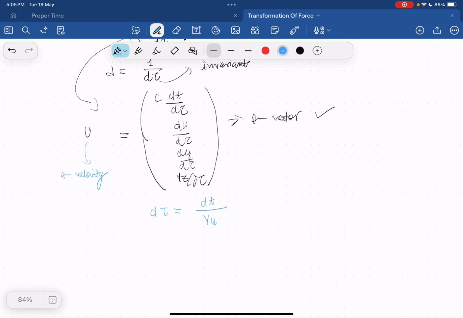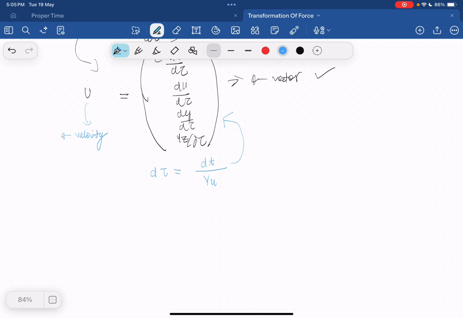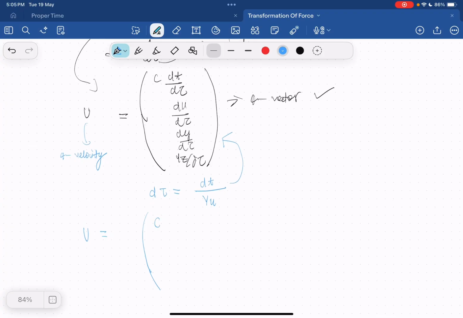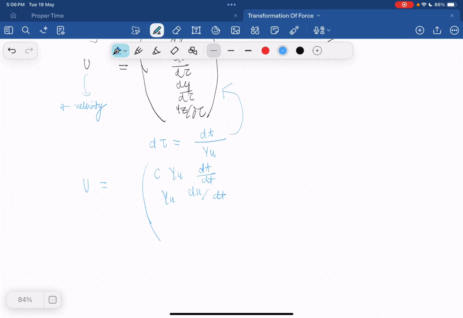If we substitute this into this four vector, then our u becomes c times gamma u, this is dt by dt, and then gamma u times dx by dt, gamma u times dy by dt, and gamma u times dz by dt.